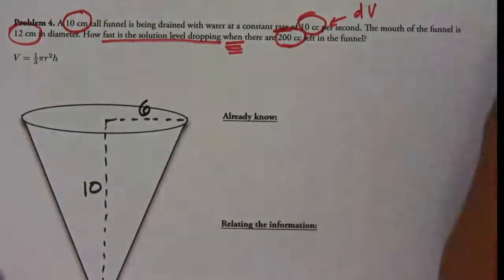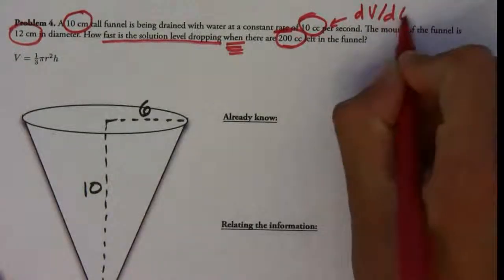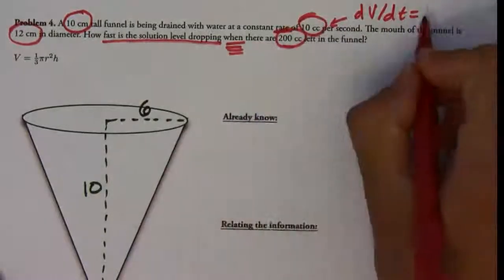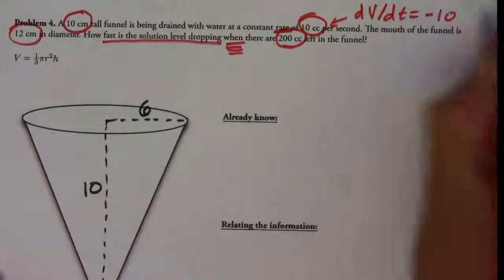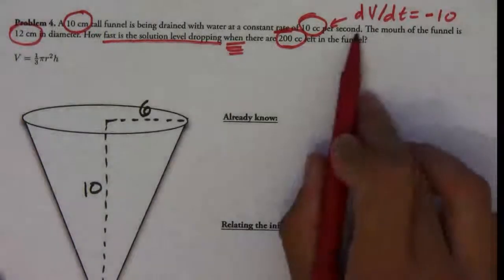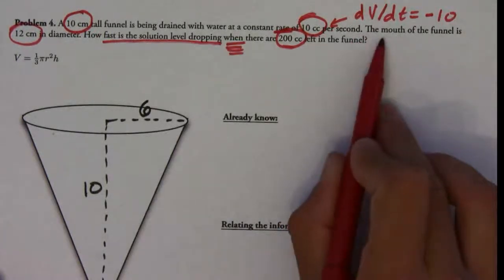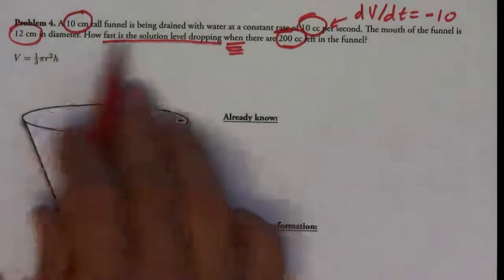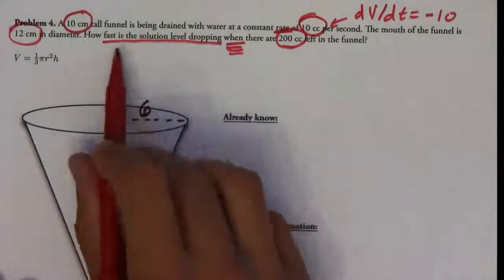So this is the derivative of the volume with respect to time, and since it's being drained, it's not 10, but negative 10 cubic centimeters per second.